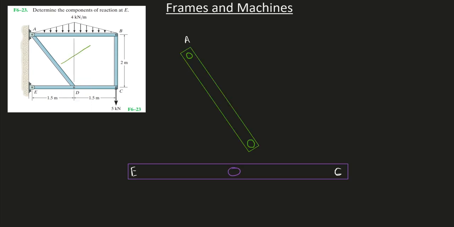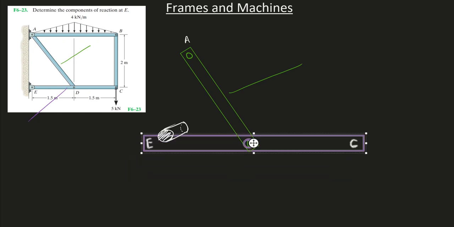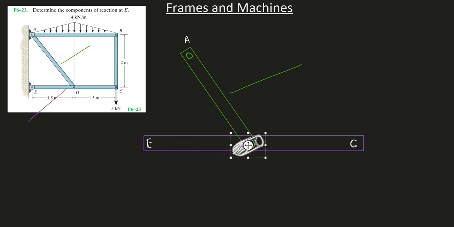So this member AD and this member EDC are really connected by this cylindrical pin here that is inserted right into these holes. So we can imagine that I line the holes like this, and this pin goes right in, like that. Seeing this in your head is the key to dodging the tricky parts of frames and machines. You've got to be able to break this down like this.